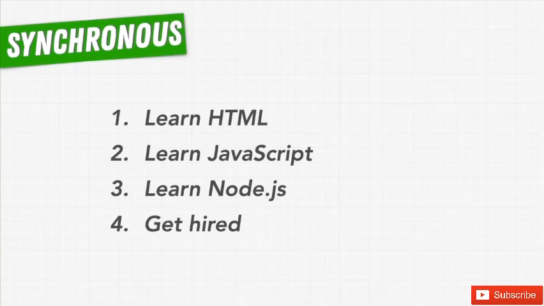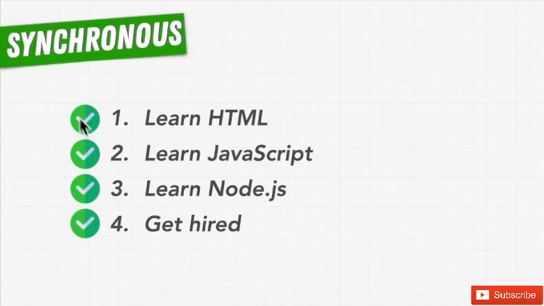If we're doing things synchronously, we'll learn HTML as best as we can, and only after learning everything we think we can possibly learn and ticking that box off, do we start learning JavaScript. And when we think we've become the best possible JavaScript developer we could possibly become, we check that off and move on to Node. And so on until we achieve that goal of getting hired. This is a synchronous way of completing our tasks.